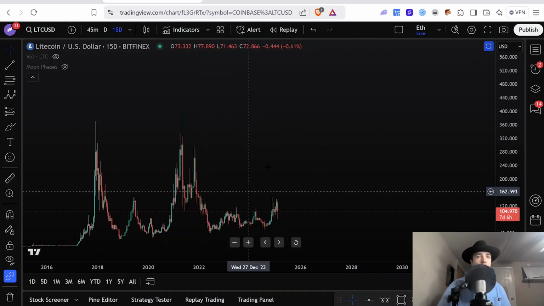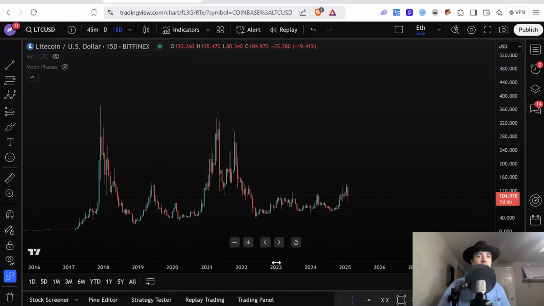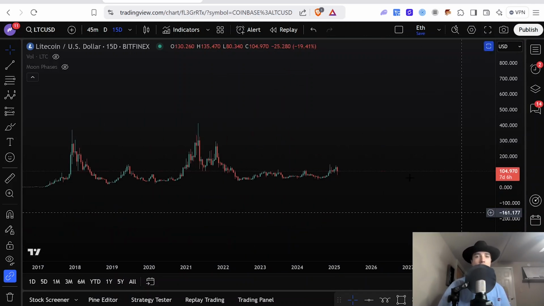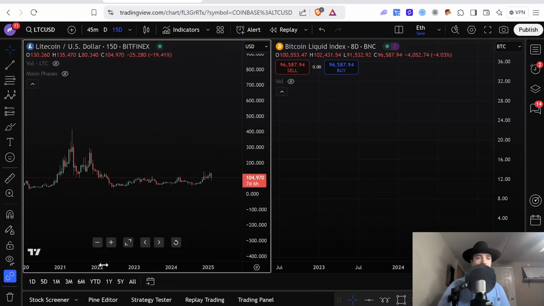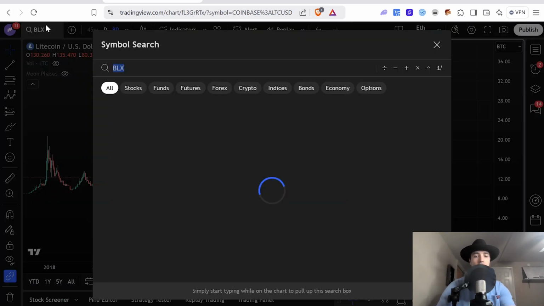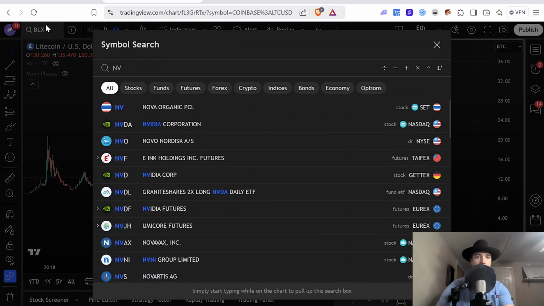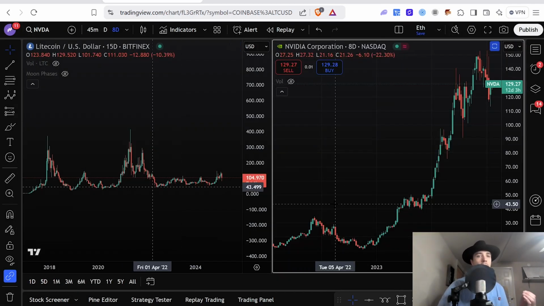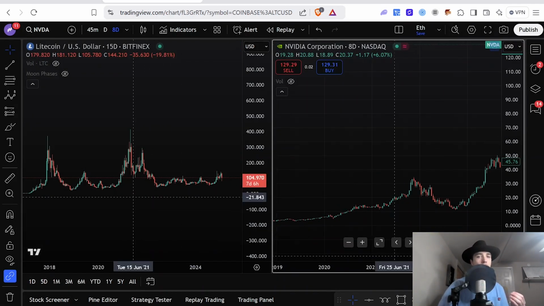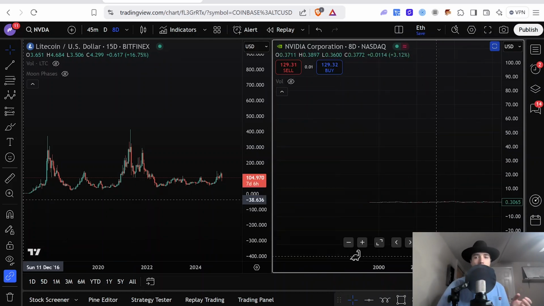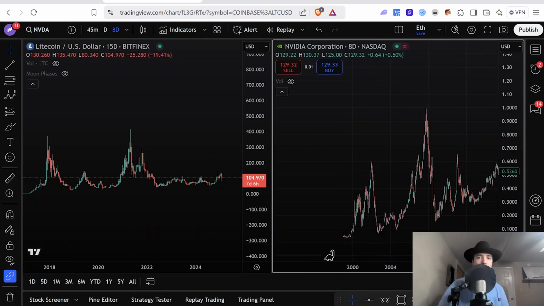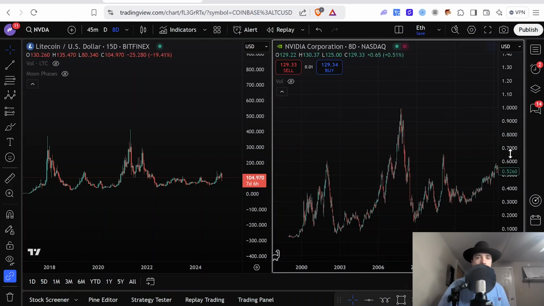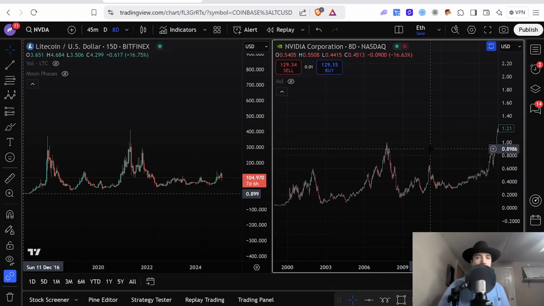And if we pull up the Litecoin chart here in the big picture, this accumulation pattern reminds me a lot of NVIDIA. So if we pull up NVIDIA over here on the right and take a look at the NVIDIA early accumulation cycle before NVIDIA became a household name and became mass adopted, that accumulation pattern looked very, very similar to Litecoin today.